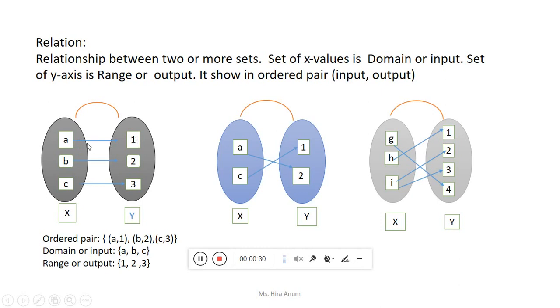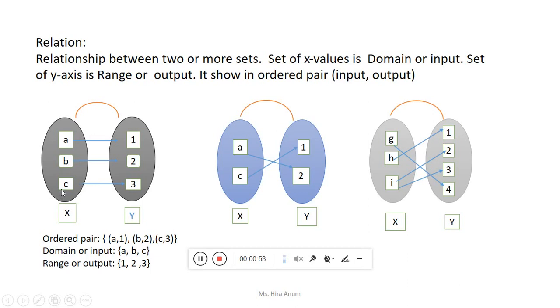One belongs to the other. Like we are taking one set X and the other set is Y. Then an element of X relates with an element of Y. A relates to 1, B relates to 2, C relates to 3. One set is the domain and the other set is the range.